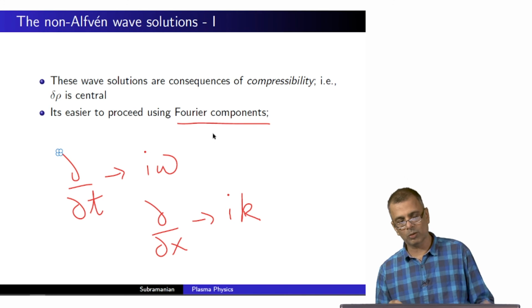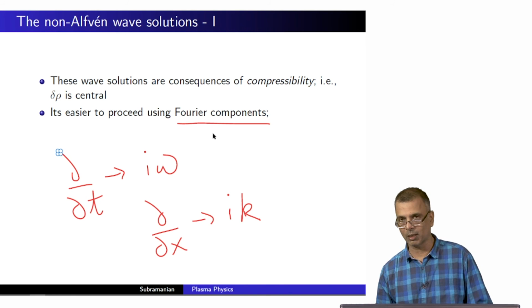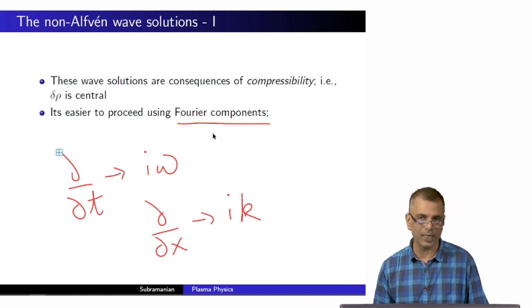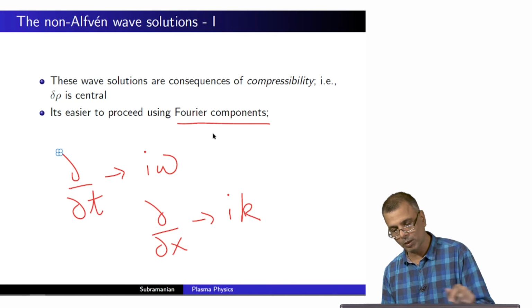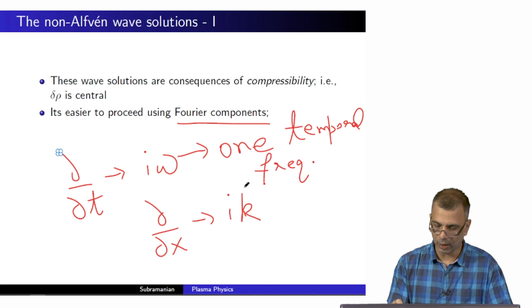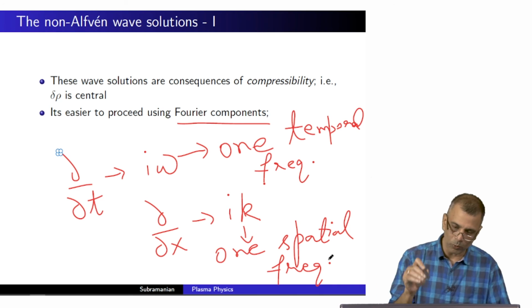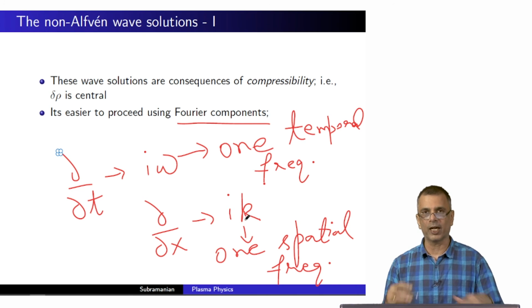So instead of differential equations, you'll get algebraic equations, and the only slight disadvantage is that you will be dealing only with one temporal frequency and one spatial frequency, or spatial wave number, one value of omega and one value of k at a time.